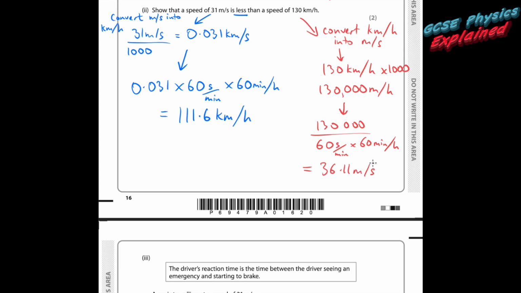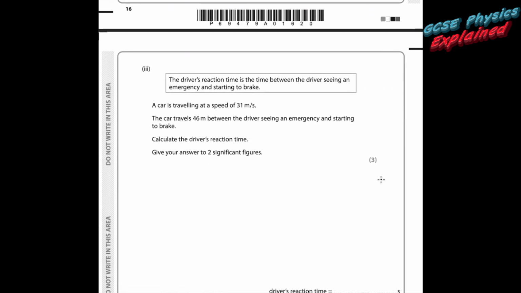So once again we've shown that 31 metres per second is less than 130 kilometres an hour, because 130 kilometres an hour is 36.11 metres a second, which is more than 31. So again, you decide which way you find it easiest.